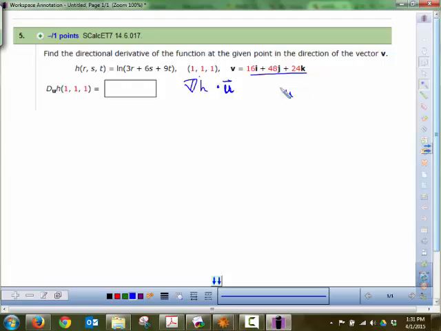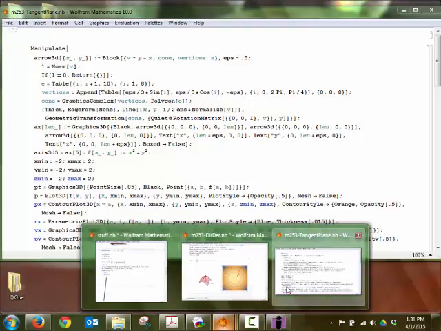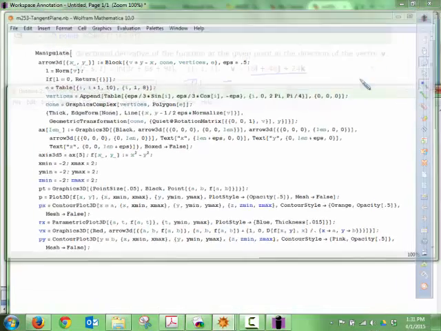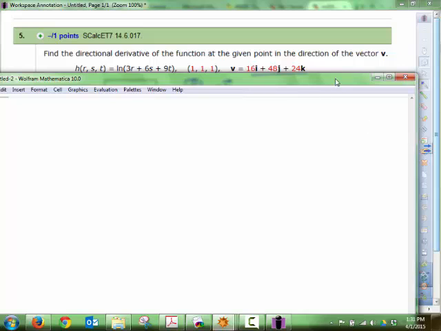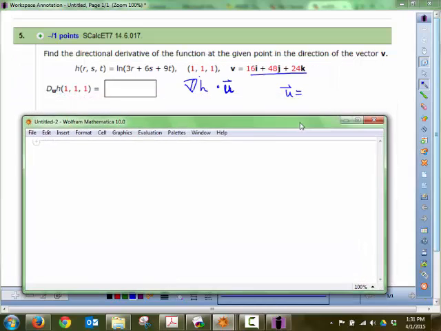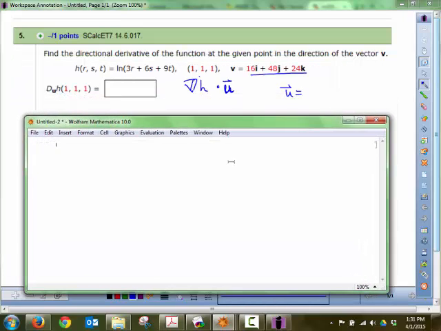So let's first find u. I can try to figure it out and wait for your answers, but I'm just going to pull out Mathematica and calculate this stuff. So I'll say u equals 16, 48, and 24, and then I want to divide that.